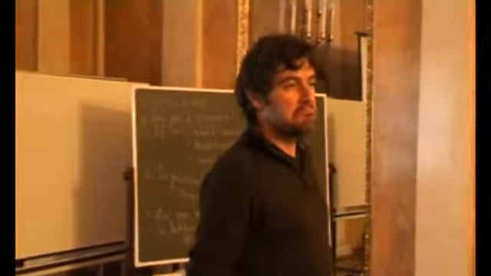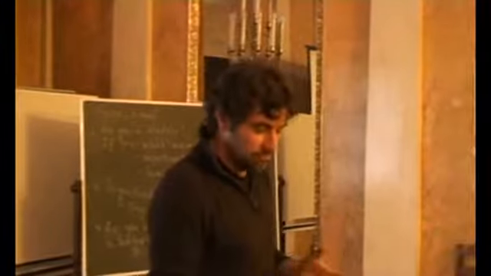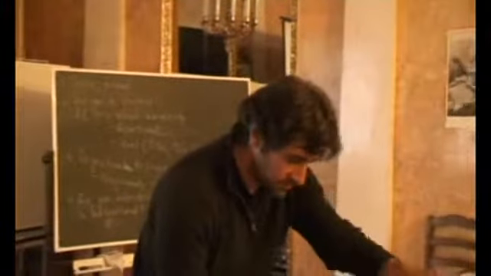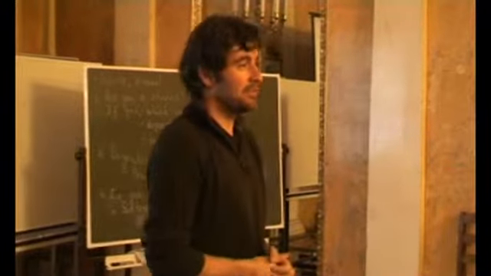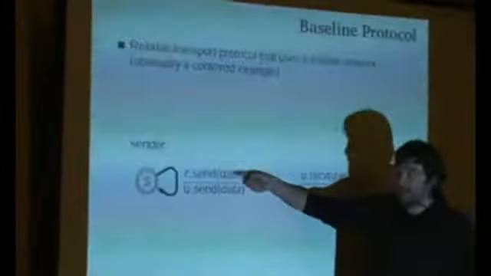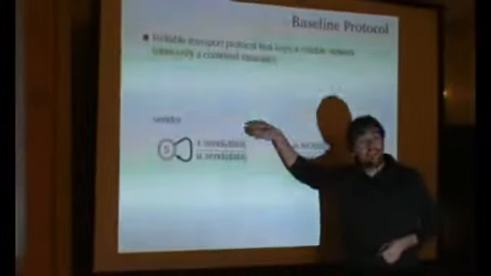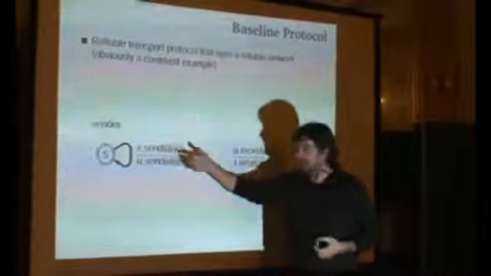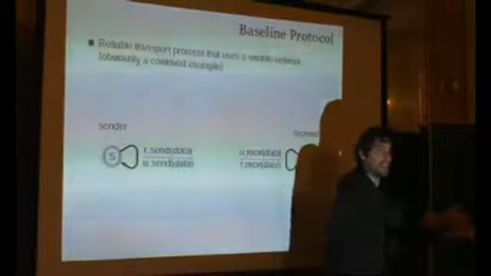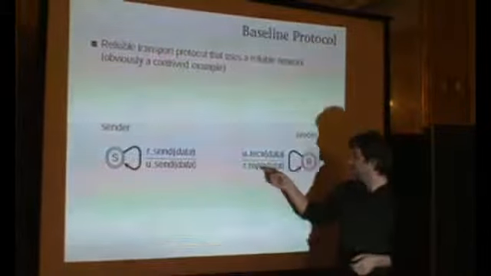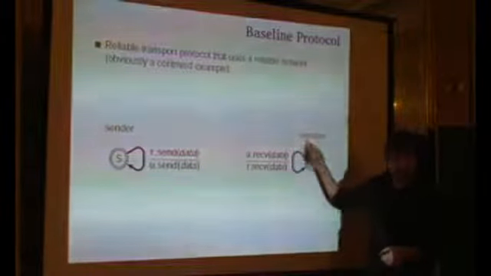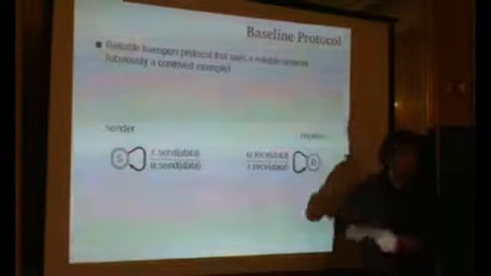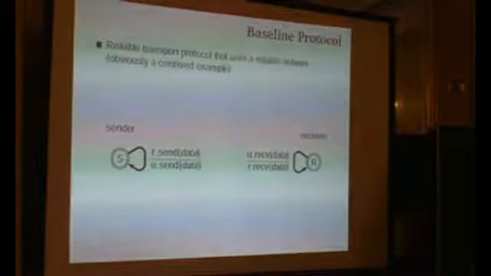Let's look at what you might call the dumb or useless, stupid, use whatever derogatory term you wish, algorithm or state machine. This is it. The sender receives a call from the application: please reliably send this data. It turns around and sends it to the network. On the receiver side, every time the network receives something, it ships it to the application. So does this work?